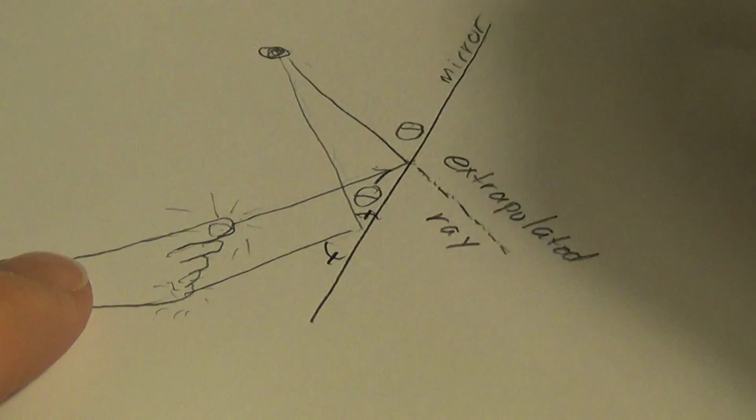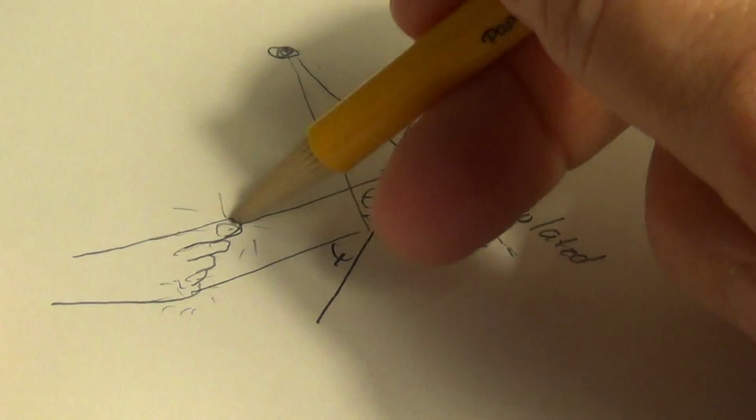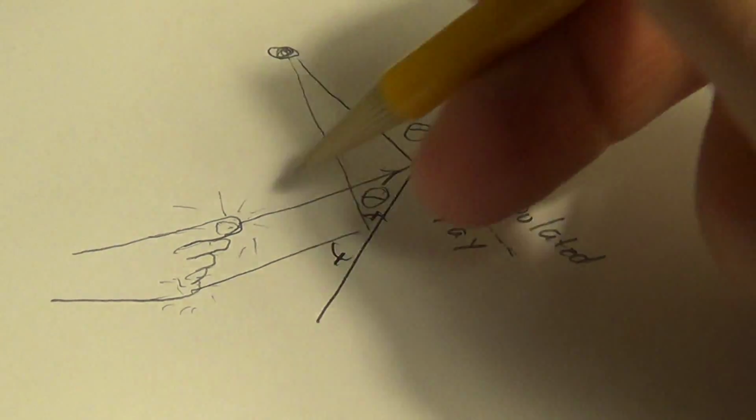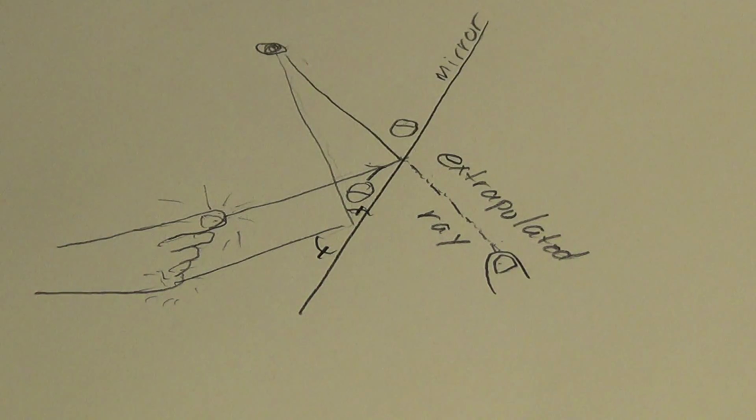So it doesn't really exist, but the brain goes ahead and acts like it does. So it sees this part that's really in front, back here. So there's my big toe. All right, so that's what it's seeing or thinking, and it's from an extrapolated ray.